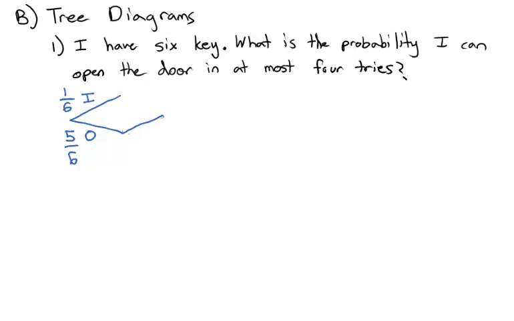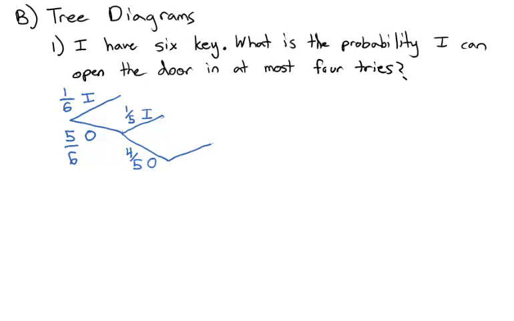I'm going to have to try again. And I will either get in or I will get stuck out. At this point, there are now 5 keys left to try, so I've got a 1 in 5 chance of getting it correct, and a 4 in 5 chance of getting it wrong.